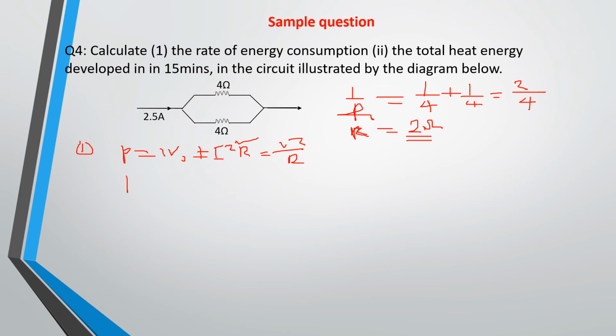So the power, which is the rate of energy consumption, is equal to I squared times R. Okay, so you can just do that multiplication.